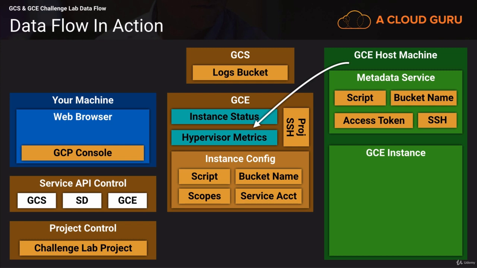Things that are at the level of the operating system of that GCE instance, those things are not visible to the hypervisor. So for example, the hypervisor doesn't know how much free memory there is in the operating system, because the operating system is just using the memory however it sees fit. Maybe it goes about clearing all of the pages of memory, and so it looks like memory access, even though it's just cleaning things up.